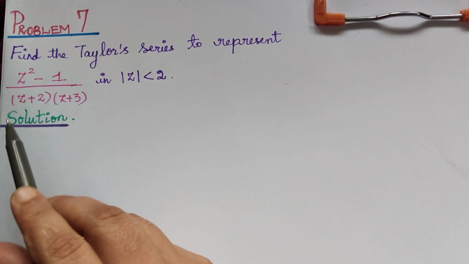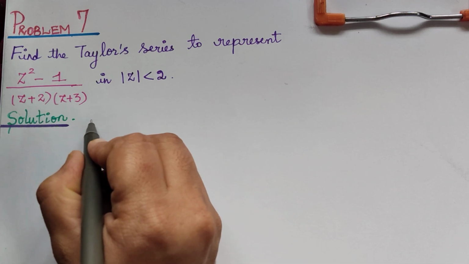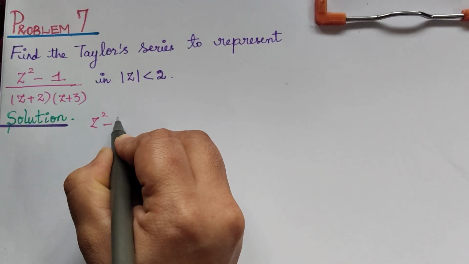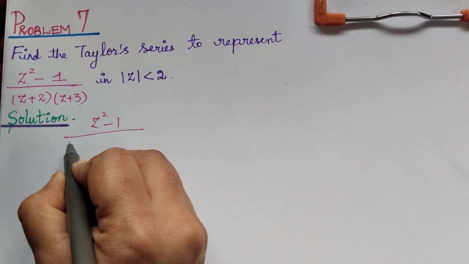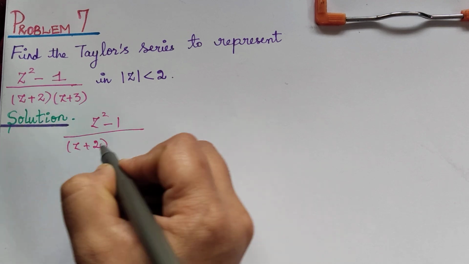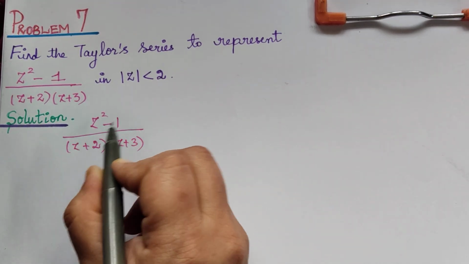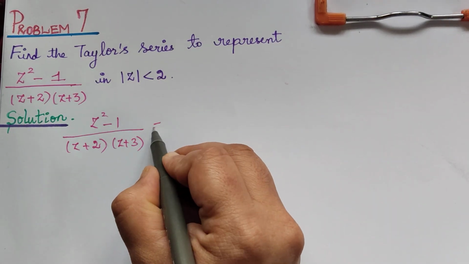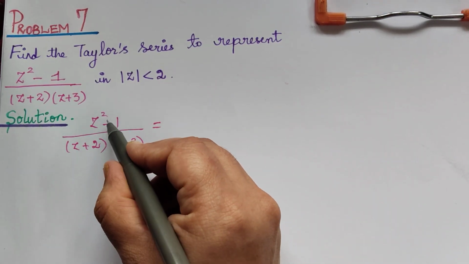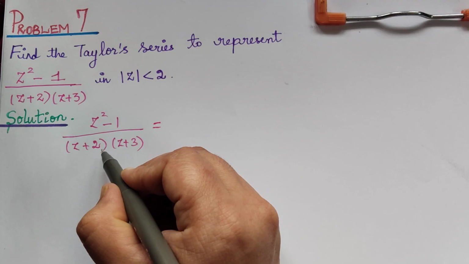Now, how to do that? We will write the given (z square minus 1) divided by (z plus 2) multiplied with (z plus 3). Now this has to be expanded into partial fraction. In order to do that, first we have to observe the degree of the numerator and the degree of the denominator.